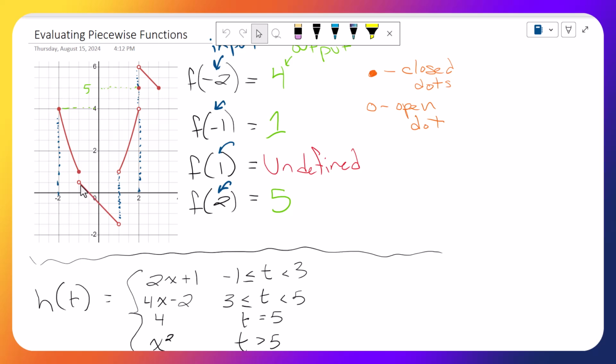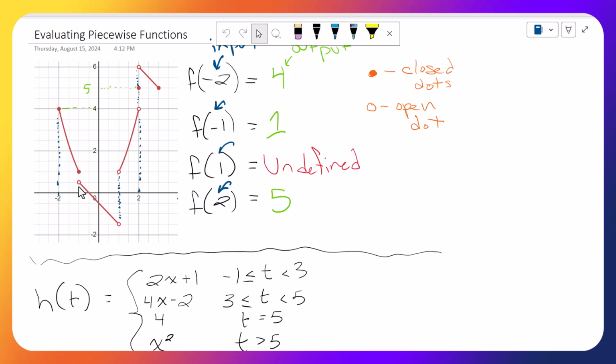We're getting closer and closer and closer to this, but we are never going to touch it. It doesn't get there. And so we use this open dot to show that it's touching every value before this. It's touching, let's see, this is -1. It's touching negative 0.9999999999 forever, as close as you can possibly get to -1, but it doesn't touch it.